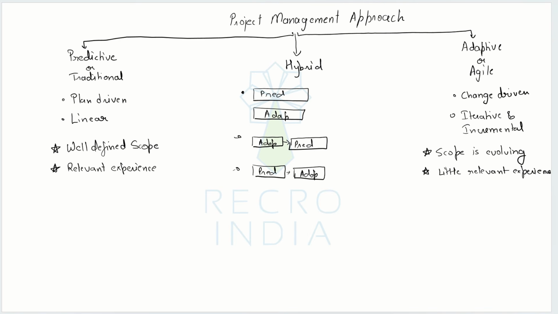For the third one, let's take an example where we are going to maybe set up a data center. Now, when you talk about a data center, the physical aspect of it, the tangible part of it, the construction, the racks, the ventilation, and all these things, they will go and get done with a predictive approach.